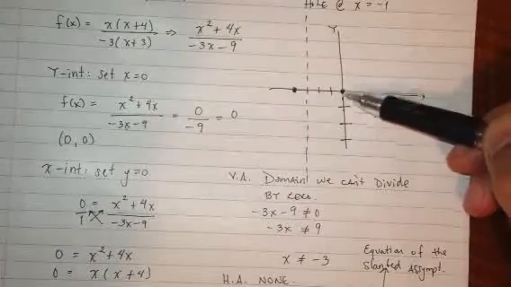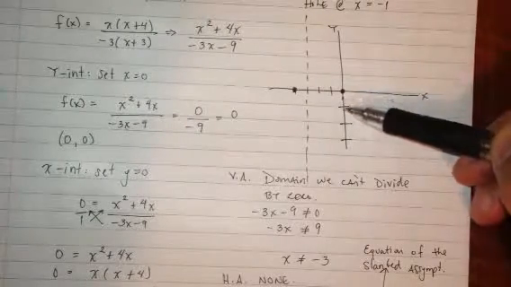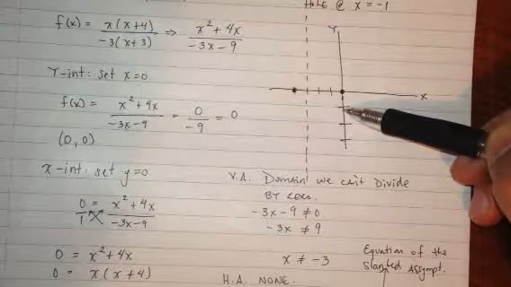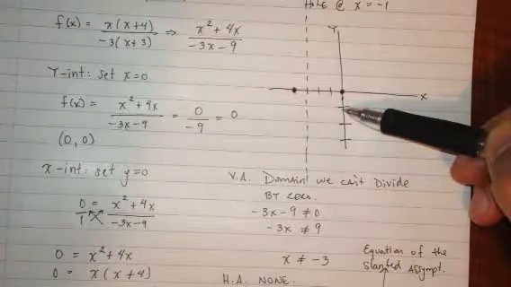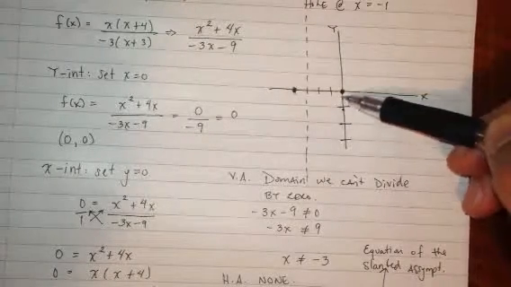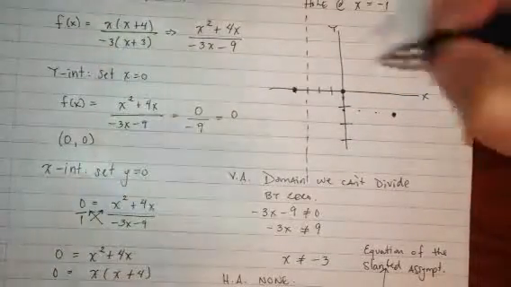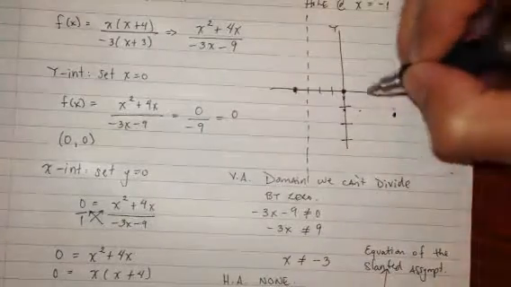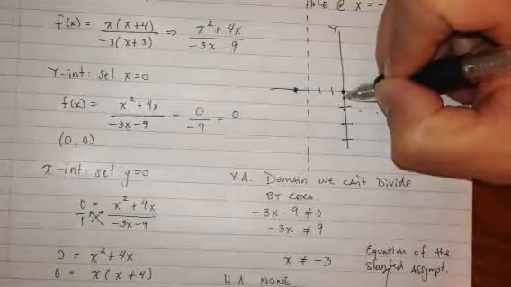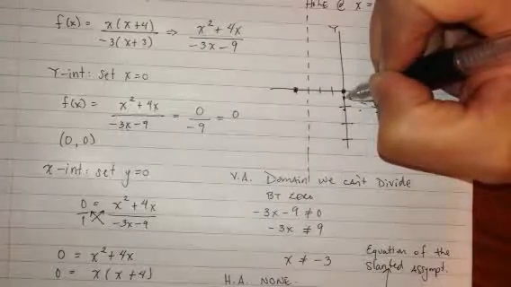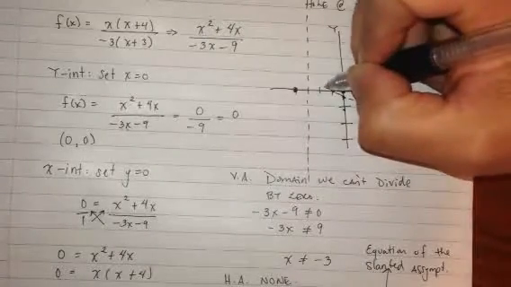And then I just count the same way. So 1 unit down, and then 1, 2, 3 to the right. And then this guy looks like it's right here. I'll use that. And this guy becomes something like this.